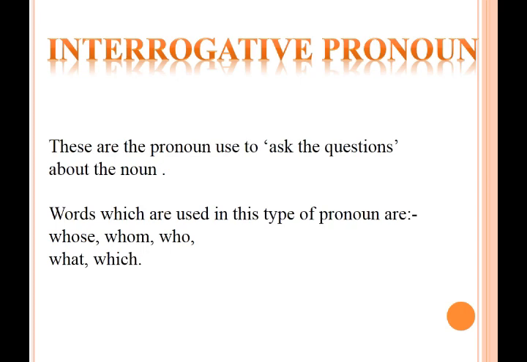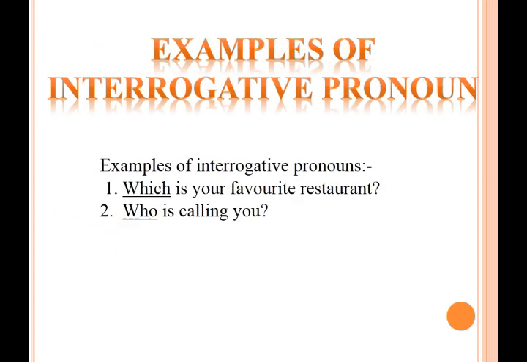Words which are used in this type of pronoun are who, whose, which, and what. For example, which is your favorite restaurant? Another example, who is calling you? In this, which and who are interrogative pronouns.